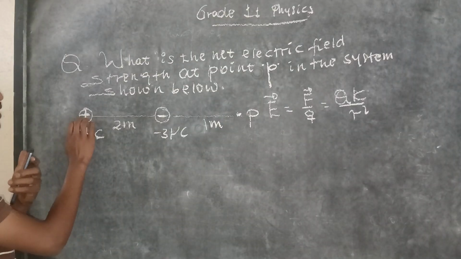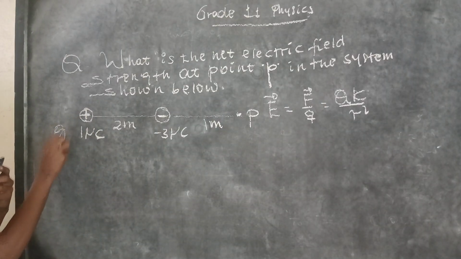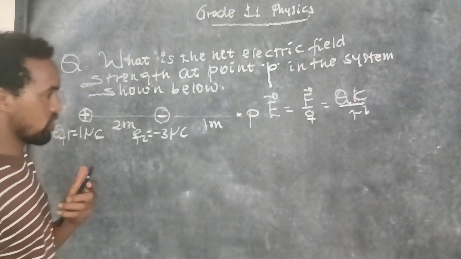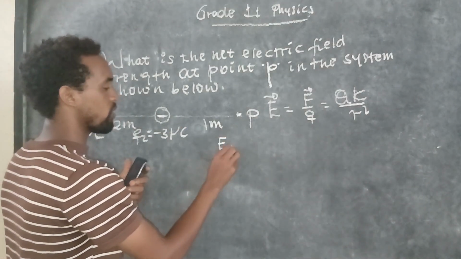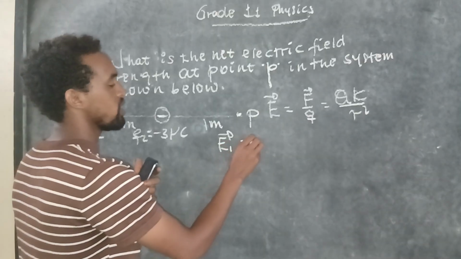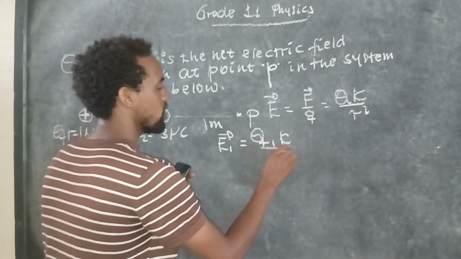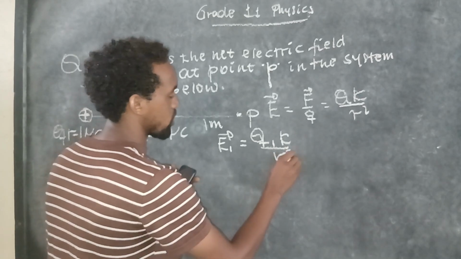So the electric field due to this charge, let's say this is Q1 and this is Q2. The electric field E1 due to charge 1 is given by Q1 times K divided by R1 squared.